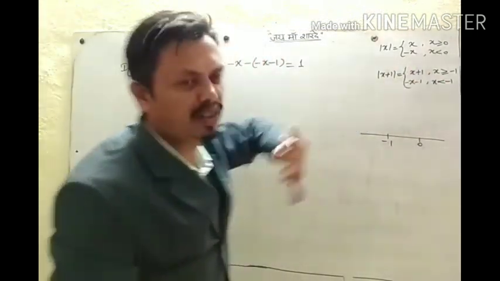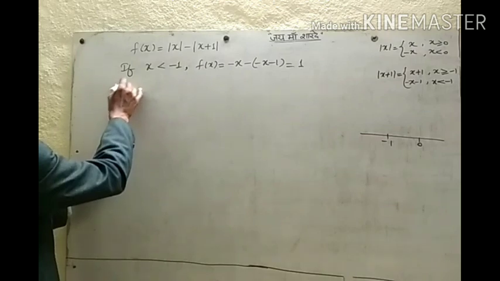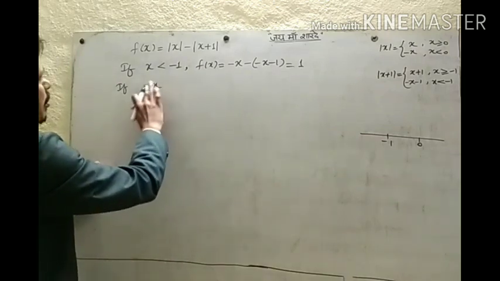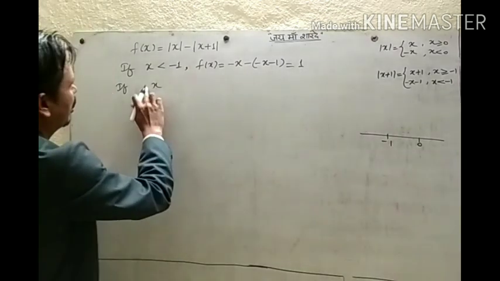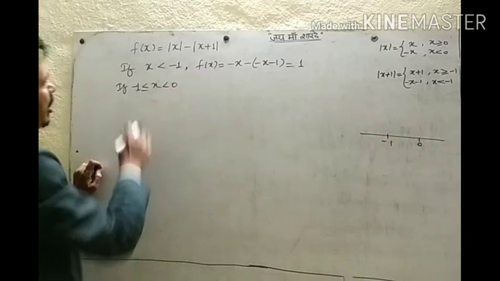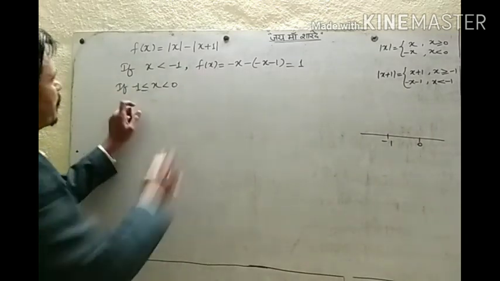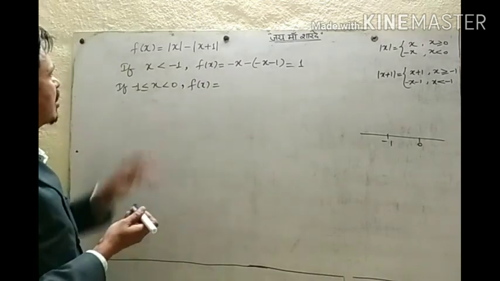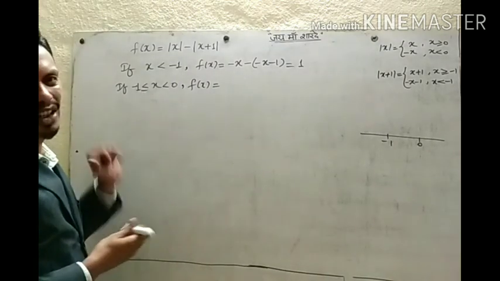If we take x more than minus 1 and less than 0, if it includes minus 1, then what will happen? x more than or equal to minus 1, still negative only.